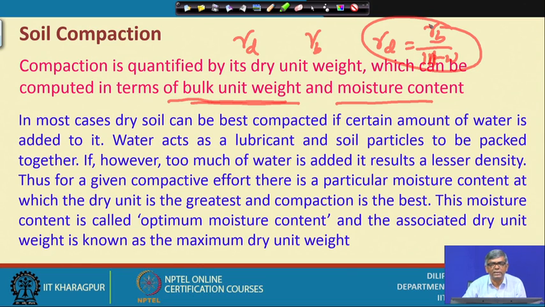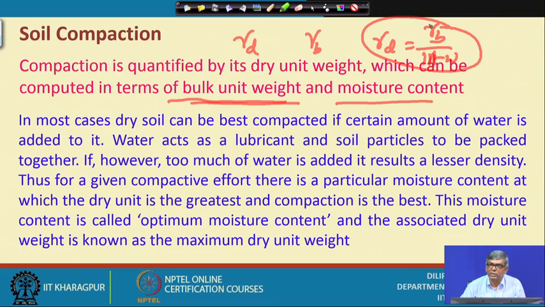In most cases, soil can be best compacted if a certain amount of water is added to it. Dry soil, if you compact it, will be compacted, but it will not be efficient. If you add some amount of water, that water will act as a lubricant and help the soil particles come closer and pack together.